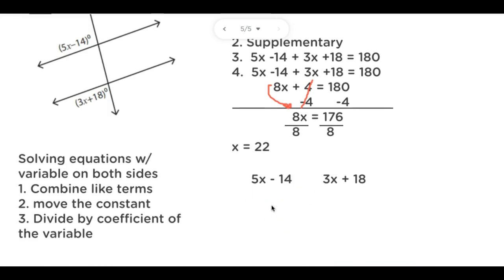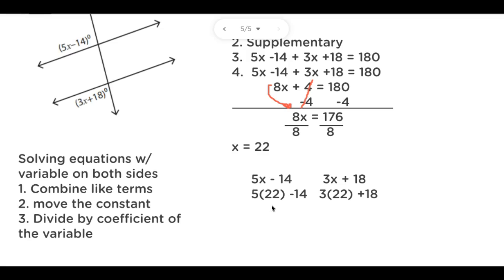Our 5x minus 14 will be 5 parentheses 22 close parentheses minus 14. Over here you have 3 parentheses 22 close parentheses plus 18.